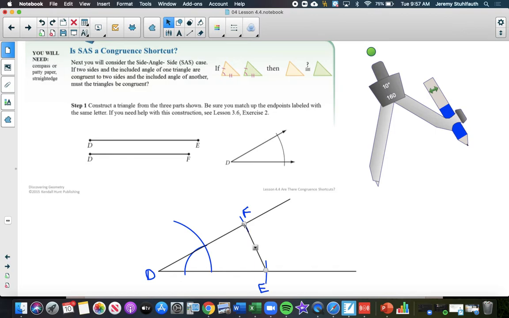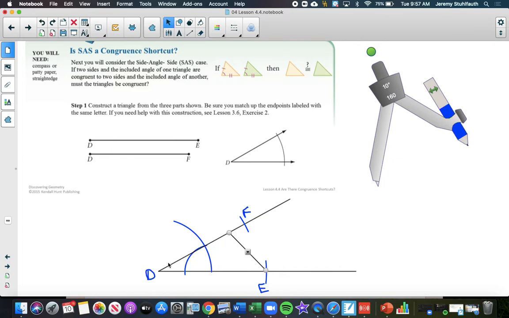Well, if you take a look at this, if we make EF longer, then DF is no longer the right length. It would be too long. If we make EF shorter, then we no longer have the correct length for DF. It has now become short.